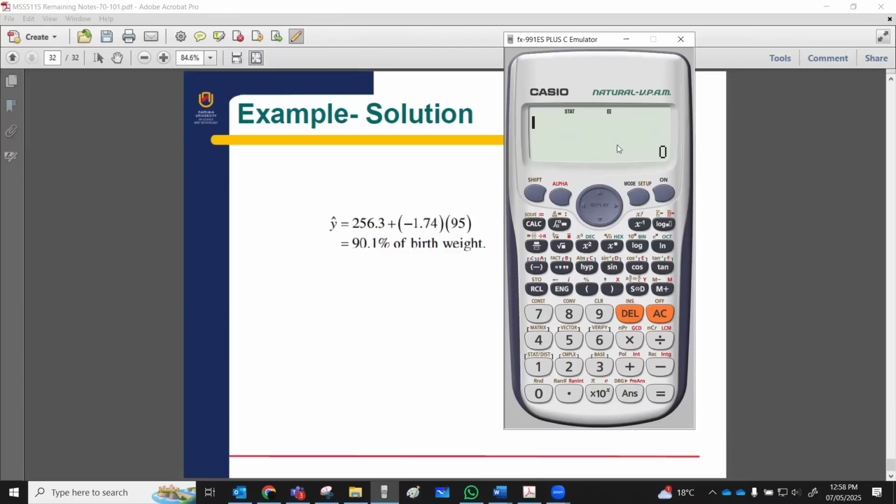So again, you would go to stat mode: shift, mode, and then you go to stat mode, and then you click option number 2, then you'll start entering the data. So here, since I've already entered the data, there it is. So you'll go to your data.